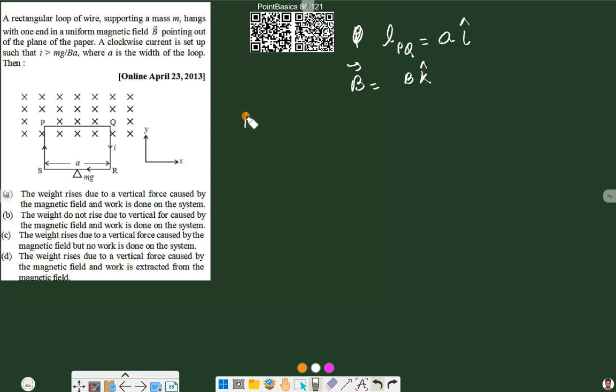So if we find the magnetic force, it will be I L cross B, that will be I A B, and I cross K we know is minus J. I cross K is minus J. So the magnetic force according to this scenario will be in the downward direction.